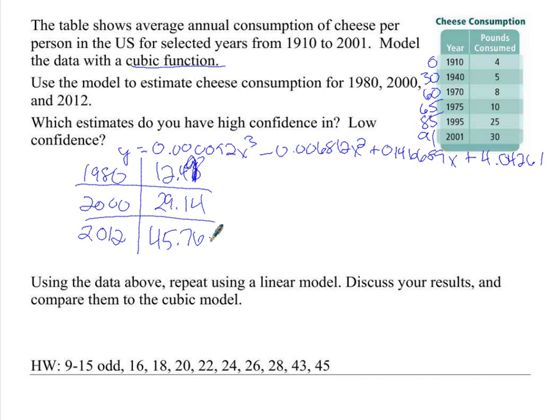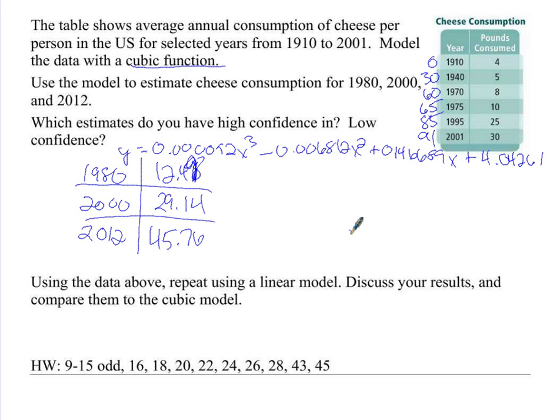All right, so high confidence in 1980? Yeah. If you look, 1980 falls between 10 and 25 here, and we got 12 point something, so that makes sense. For 2000, we have 29.14. 2000 is just shy of this 30 sitting right here, and we have 29.14, so pretty close. 2012, on a number line, is way outside of our data.